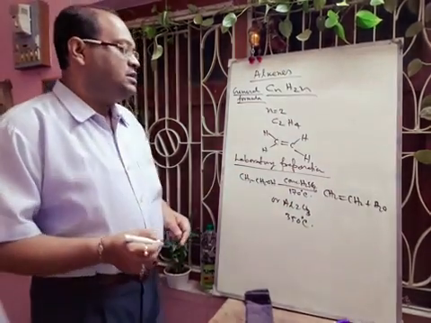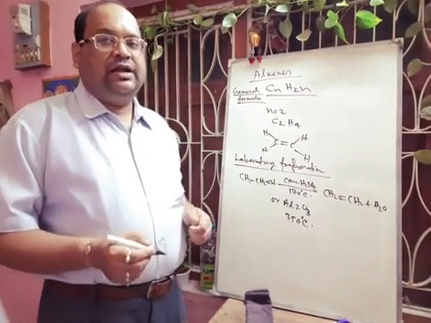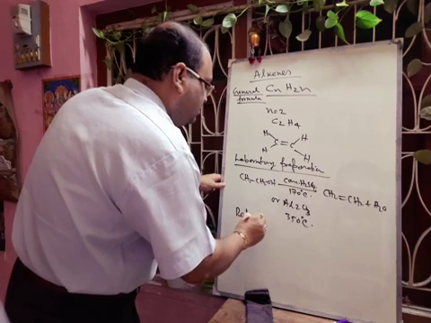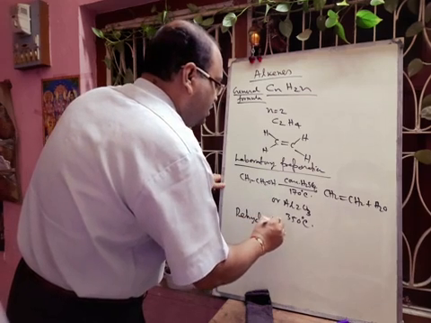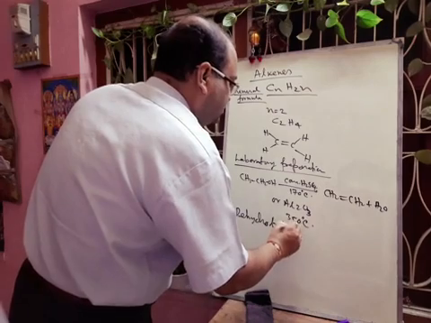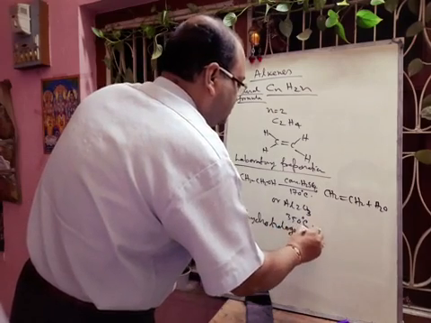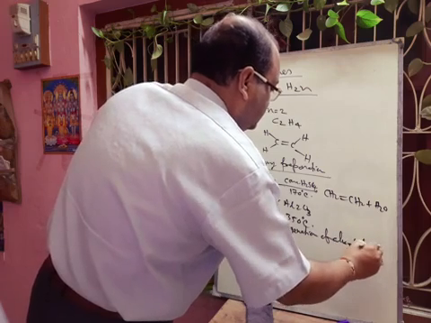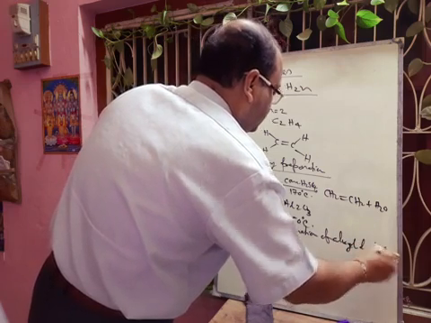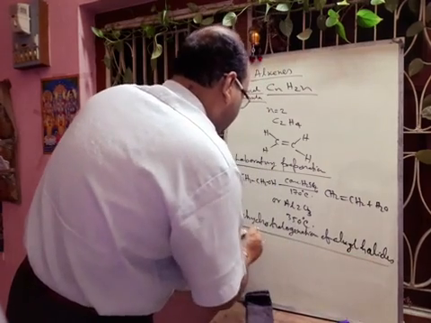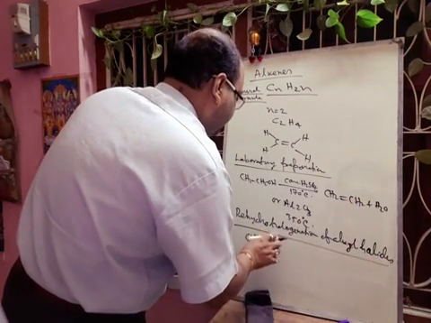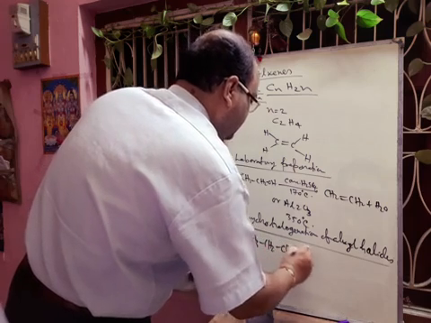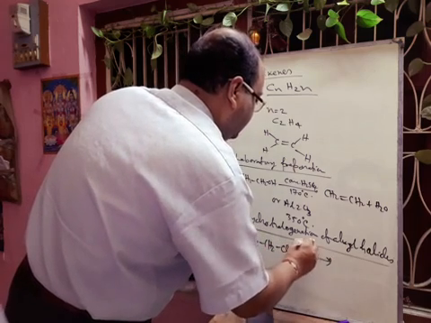Another process is the dehydrohalogenation of alkyl halide. Suppose we take CH3CH2Cl and give alcoholic KOH.